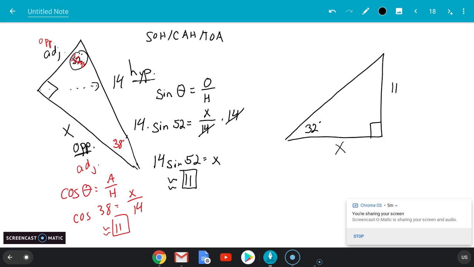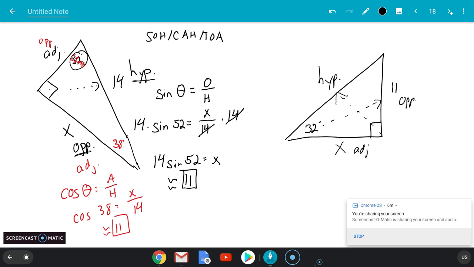So again, we know this side is the hypotenuse because it's opposite the 90-degree angle. That's not going to help me because nothing's given there. But what are 11 and x in relation to 32? Well, 11 is the opposite side because it's opposite 32 degrees, and x is adjacent.